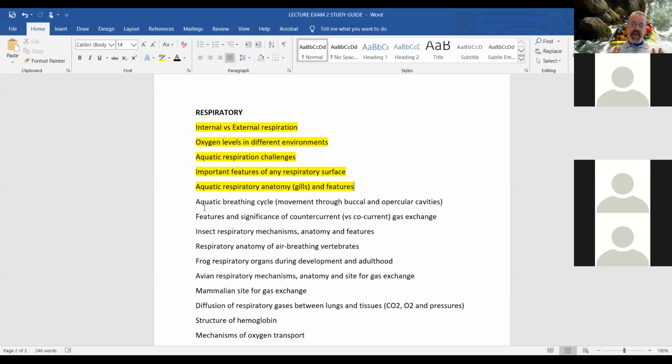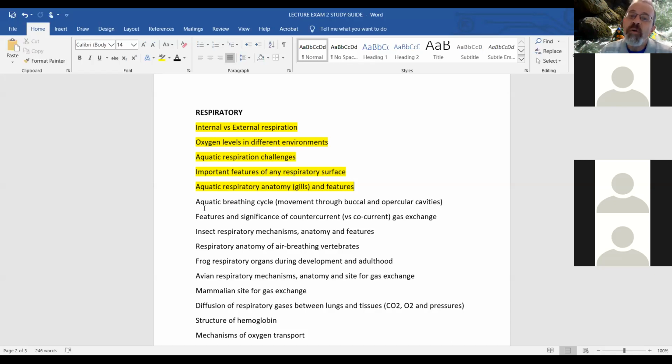The opercular cavity then decreases, and the mouth is closed. The buccal cavity shrinks in size, gets smaller. At the same time, the opercular cavity opens up, which allows water to flow from high pressure to low pressure toward the opercular cavity, across the gills. And this is where the exchange is occurring.